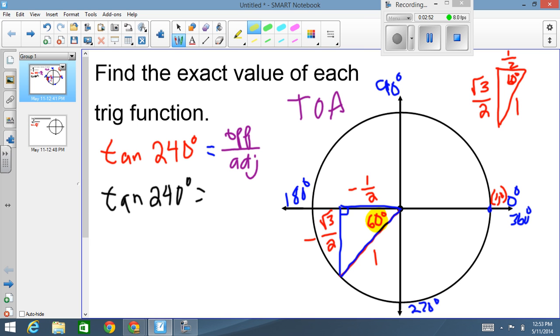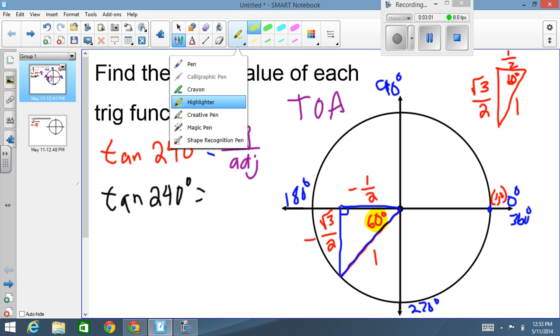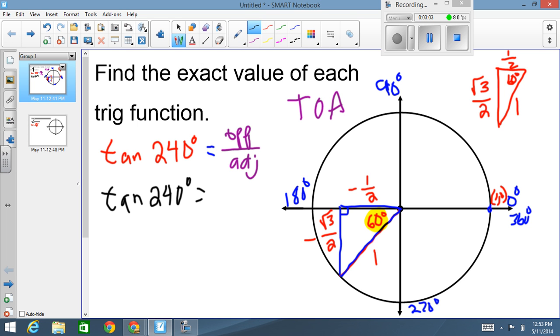Remember that this 60-degree angle is the angle in question. So opposite of the 60-degree angle is going to be negative radical 3 over 2. Sorry about that. So my opposite is negative radical 3 over 2, divided by my adjacent, which is negative 1/2.